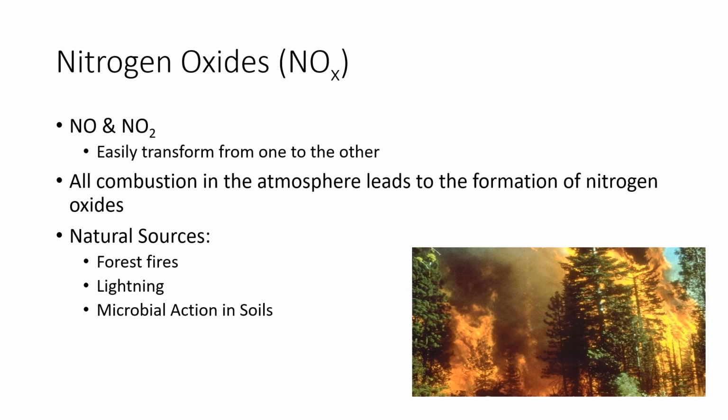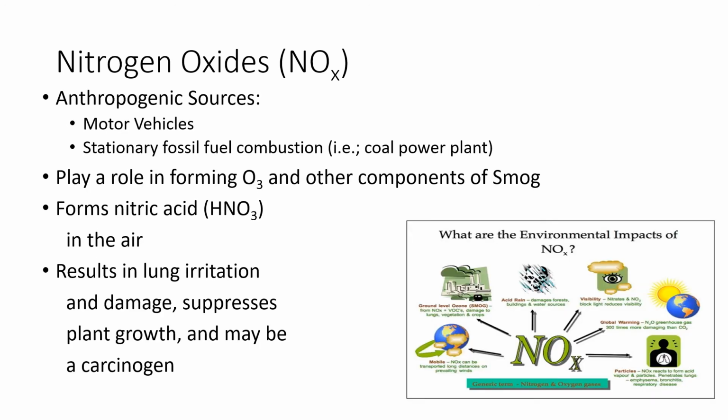There's lots of natural sources, but nitrogen oxides are formed basically anytime you burn any kind of fossil fuel. Motor vehicles, any kind of stationary plant that's combusting fossil fuels, such as a power plant, whether it be coal or oil.